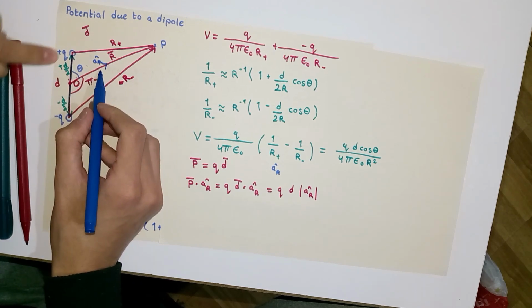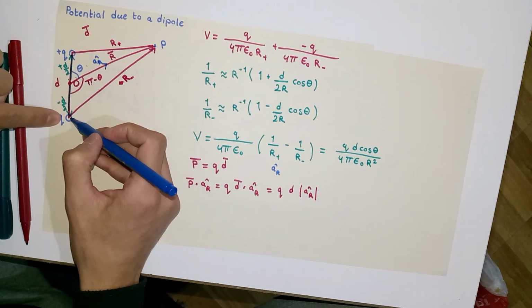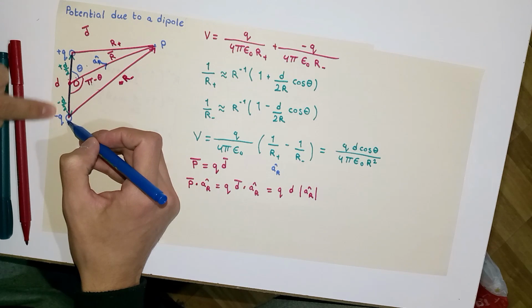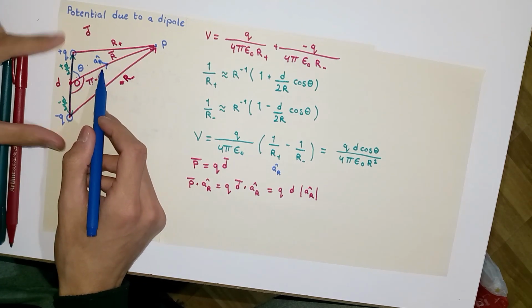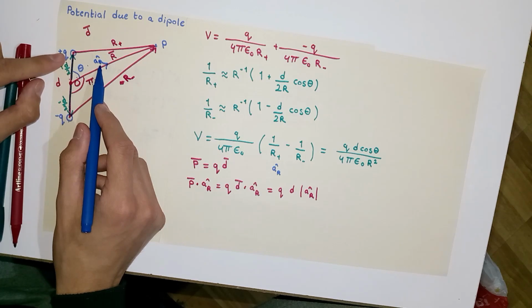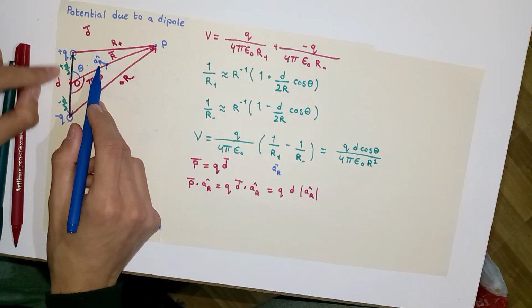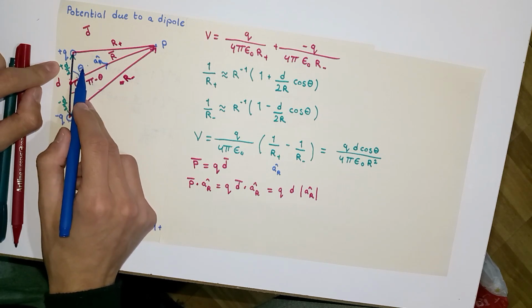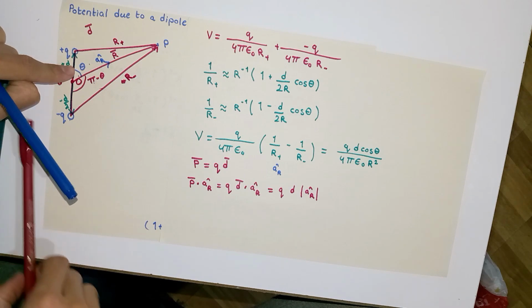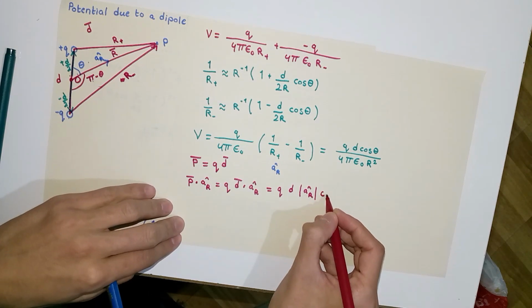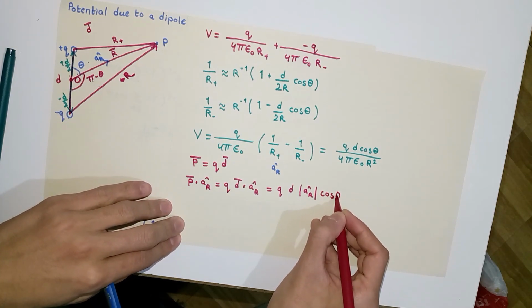And the d vector, as we see, starts at minus q and ends at plus q. So it's obvious that the angle between the unit vector a r and the d vector is theta. So we are going to multiply by the cosine of the angle between them, which is theta, times cosine theta.